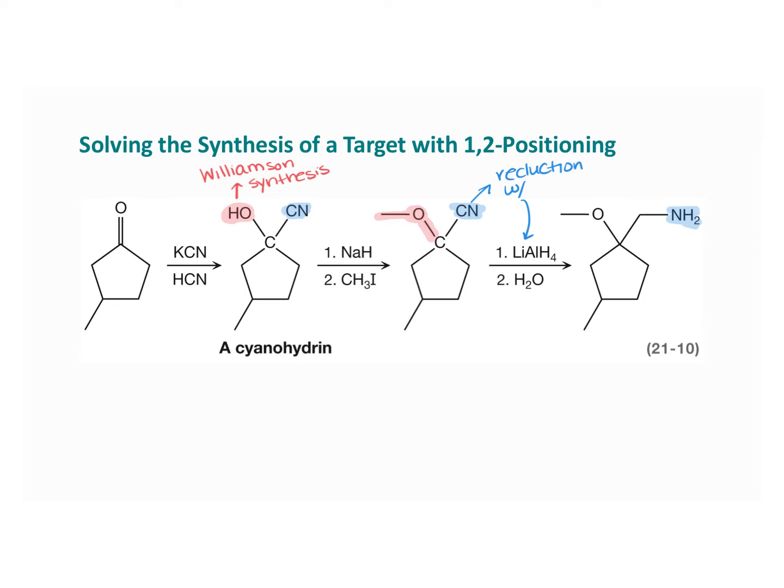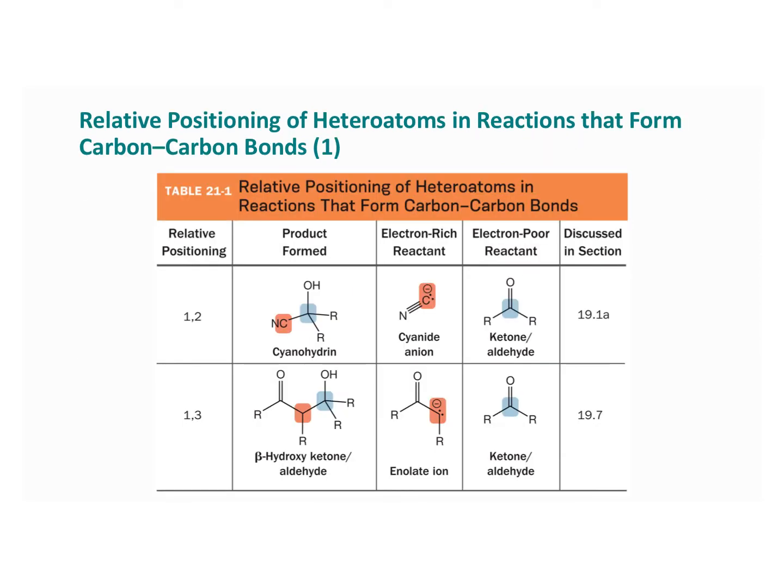Now, cyanohydrin formation, which is what we're looking at here, is not the only carbon-carbon bond forming reaction that results in heteroatoms that have specific relative positioning. Okay, so if you look at table 21.1, this is going to show other reactions that we've looked at whose products have heteroatoms with 1-2, 1-3, and then on the next slide, 1-4 and 1-5 positioning.